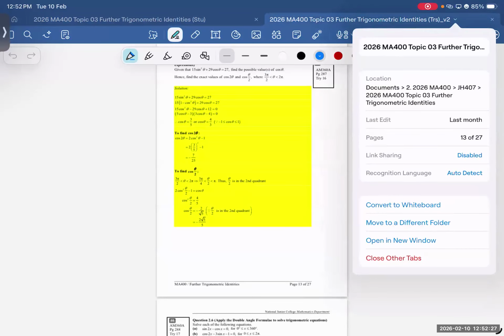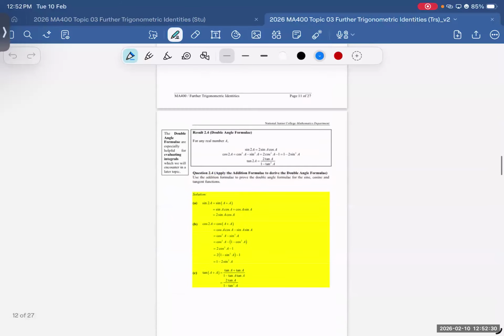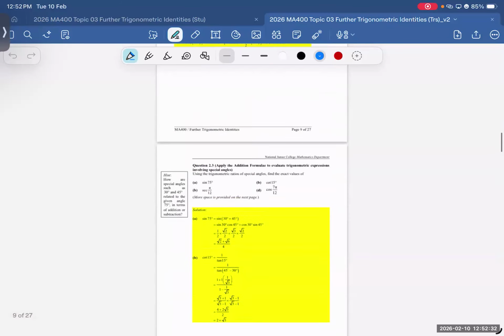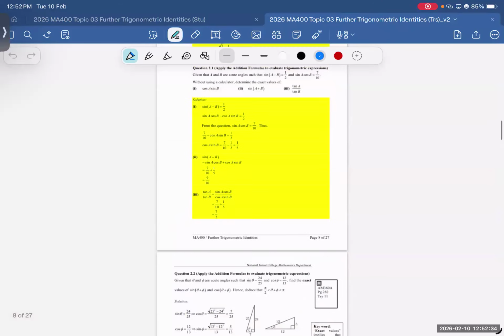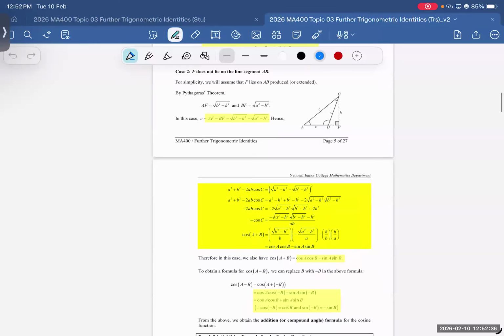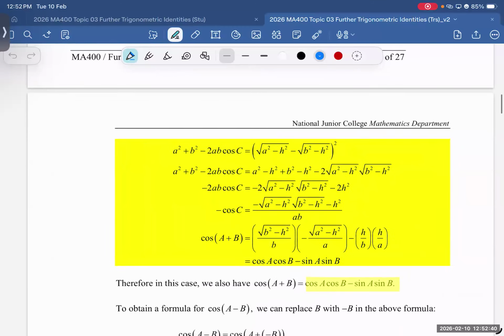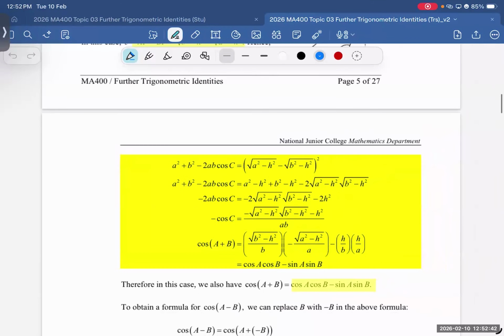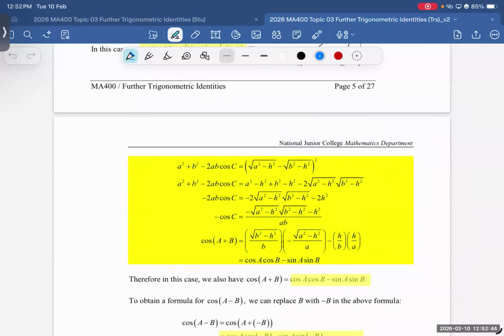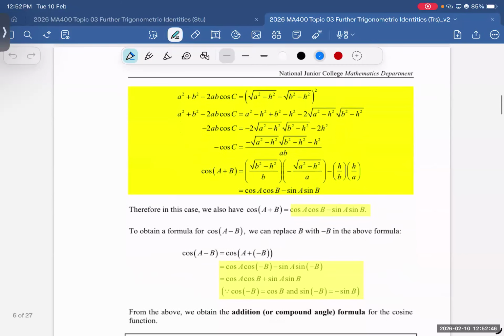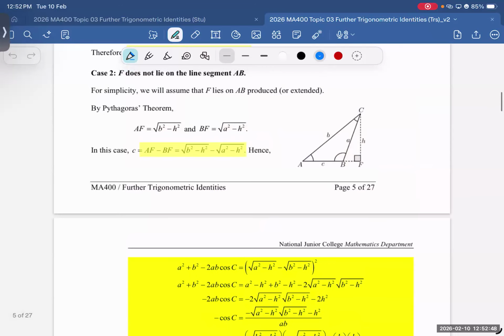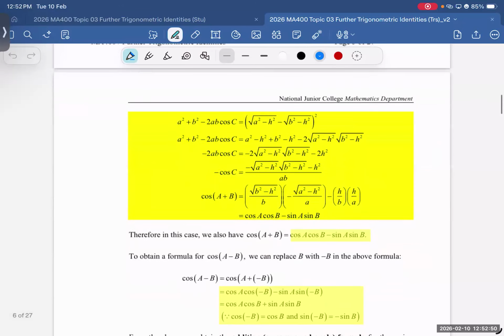Now, if you're okay, then may I put down the notes? Do you need to copy? You need to copy whatever I said. Currently I'm on page 6.